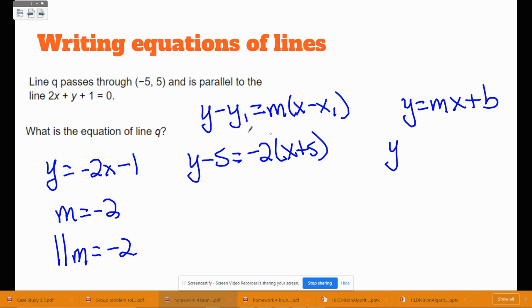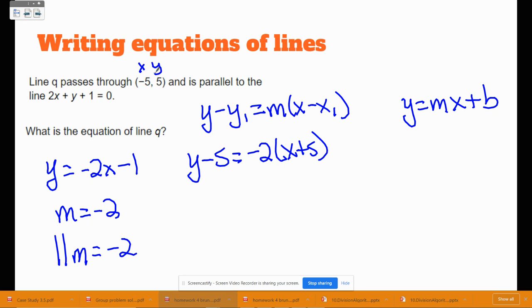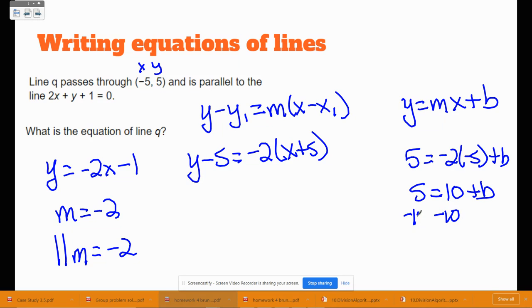Or, sorry, what is the y I'm wanting to plug in here? This is x and this is y. 5 equals negative 2 times negative 5 plus b. 5 is 10 plus b, minus 10, minus 10. Negative 5 equals b. Now you know m and b, you can write y equals negative 2x minus 5.